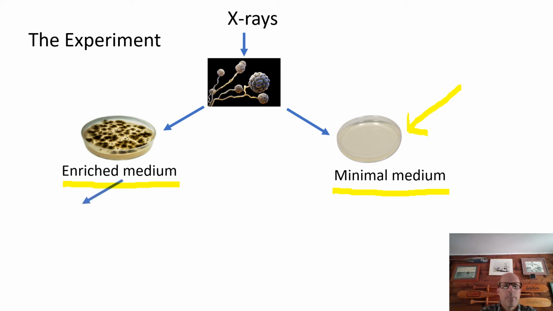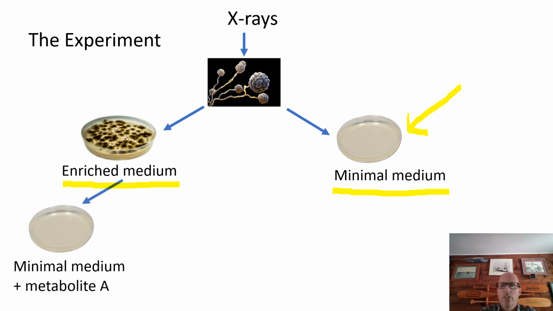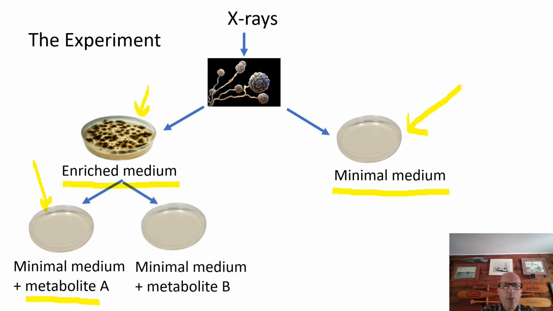Well, further studies showed that when they took bread mold from the enriched medium and recultured it onto a blank petri dish that only contained metabolite A, the mold did not grow. Furthermore, when they took the enriched medium mold and put that into a petri dish with metabolite B, nothing happened there as well.